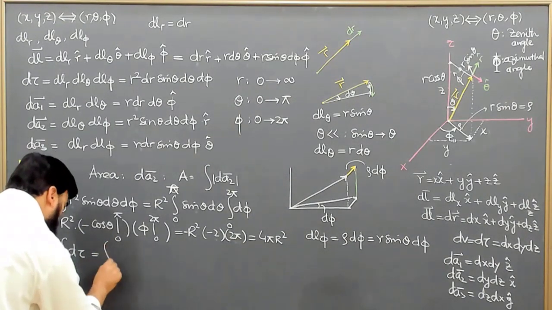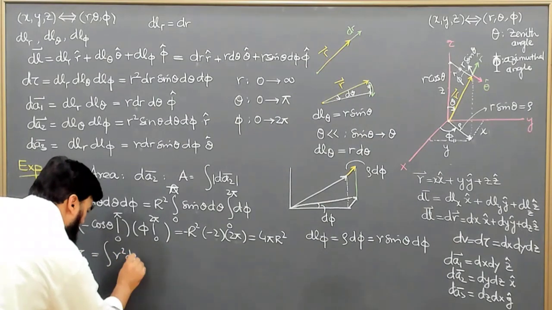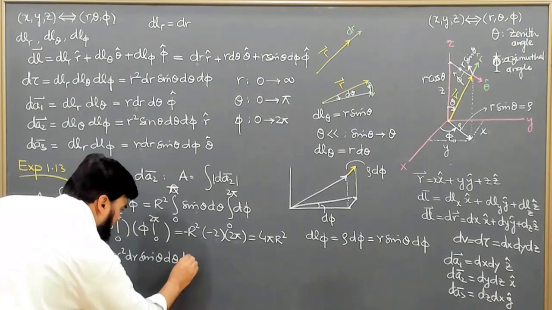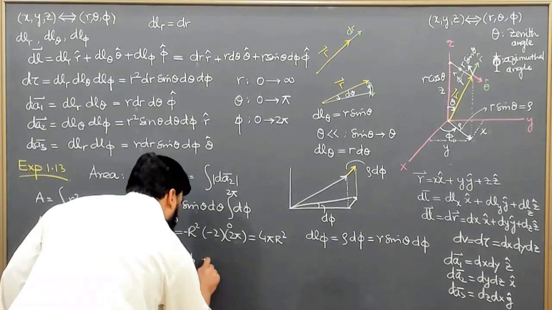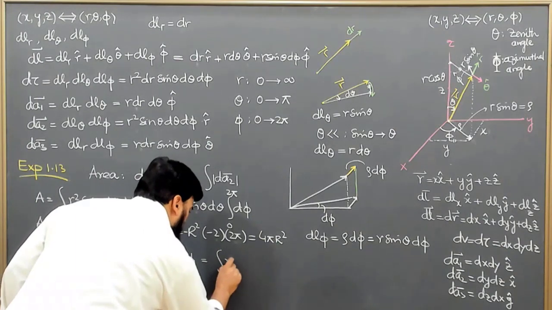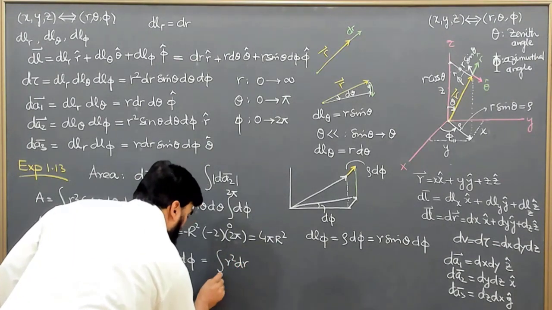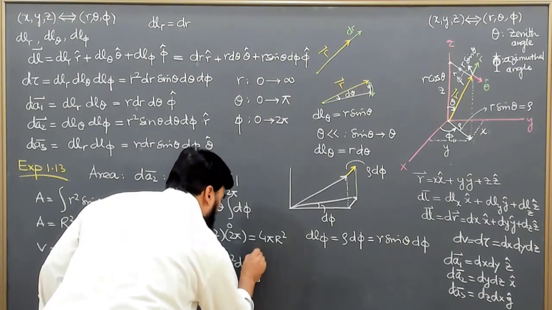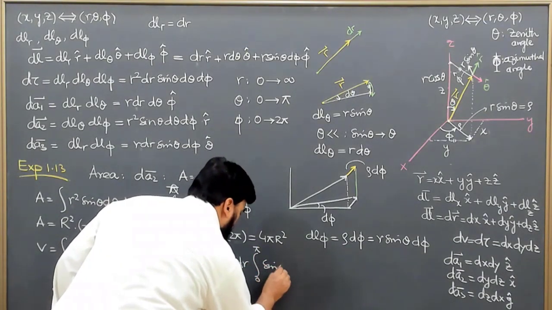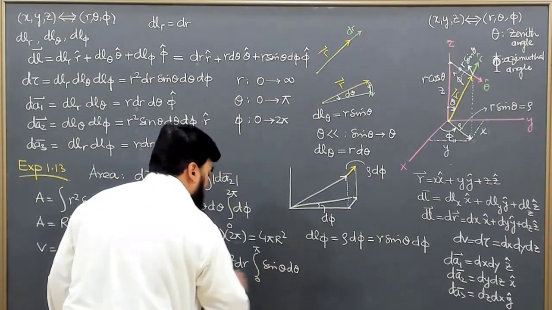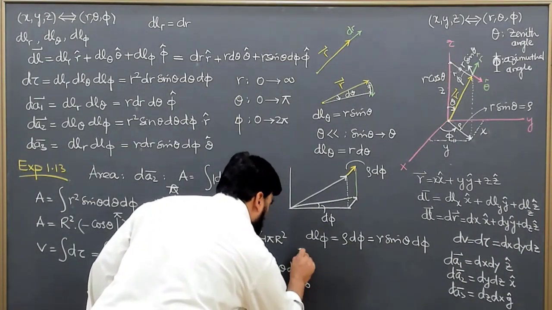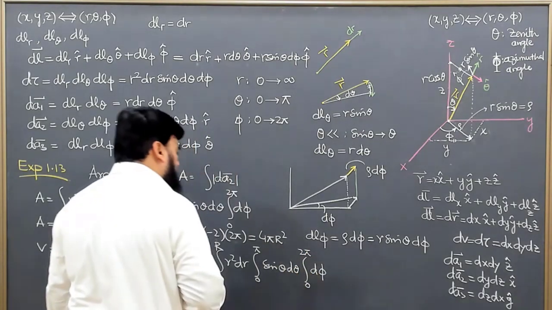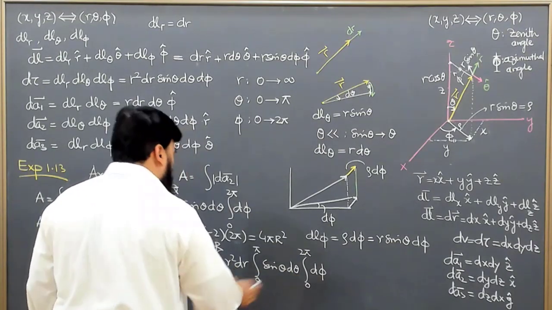D tau is equal to r square dr sine theta d theta d phi, so this equals the triple integral of r square dr, such that r is running from 0 to capital R, then the integral from 0 to pi of sine theta d theta, and the integral from 0 to 2 pi of d phi. Again, this is a solid angle, so this is 4 pi.